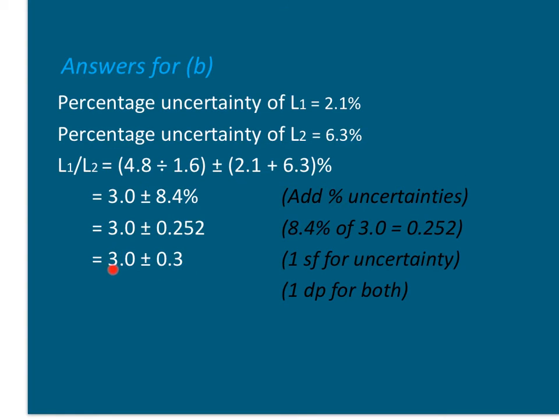And then round this value off to 1 dp, because the uncertainty is to 1 dp. So the final answer is 3.0 plus or minus 0.3. Take note, if you just write 3 plus or minus 0.3, that will be wrong, because they will have inconsistent number of dp's.